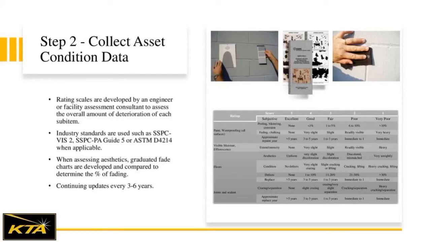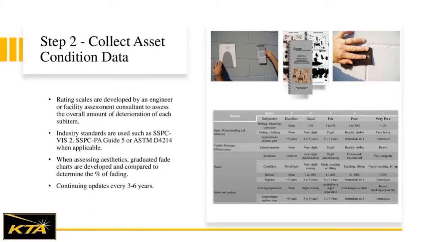So the scale typically consists of both a descriptive definition or an industry standard. Industry standards such as the SSPC VIS2 provide a visual guide for assessing the degree of corrosion in steel, or ASTM D4214 provides a method for determining the degree of chalking when aesthetics is important.